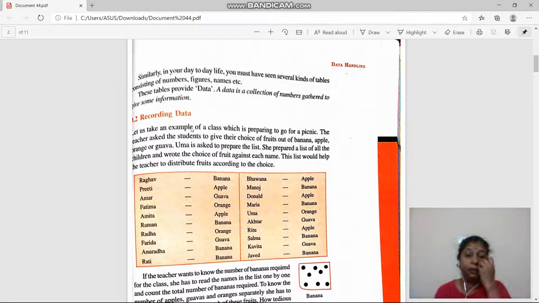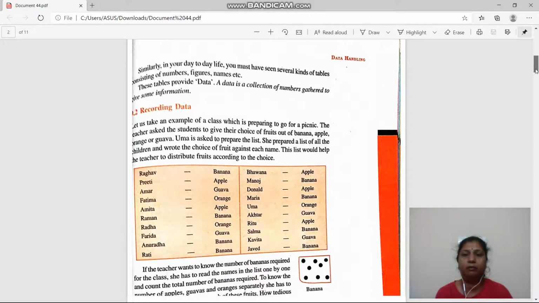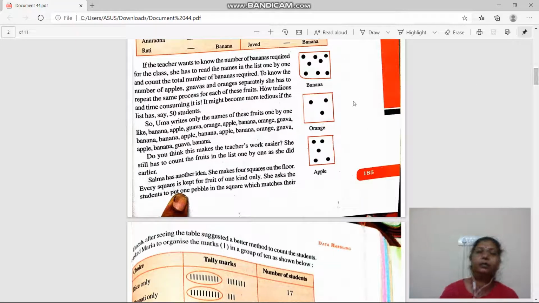Now, recording and handling in this topic, we have studied about a teacher and the students, how they represent the students and the liked fruits in good manners, or we can say properly. One student writes like this, another student makes certain improvements: she made 5 blocks, and those students who like that fruit have to put the pebbles in it.